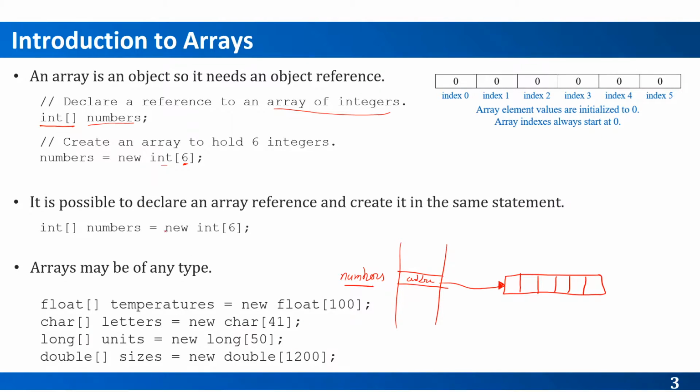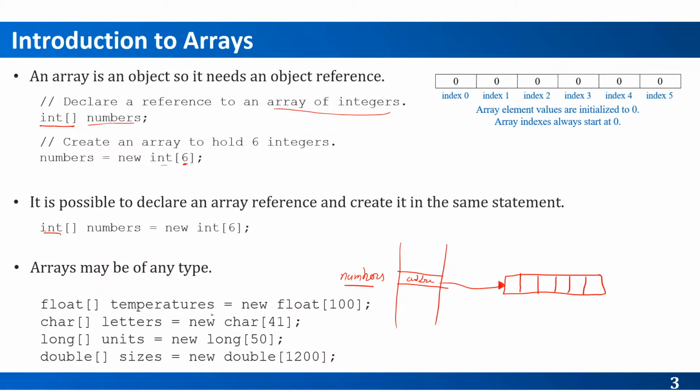All right. So again, similar to objects, you could actually declare and assign on the same line. So int square brackets numbers is equal to new int 6. Now for any primitive data type, you could do the same thing: float, char, long, double, byte, whatever you want. You could build an array of that data type.